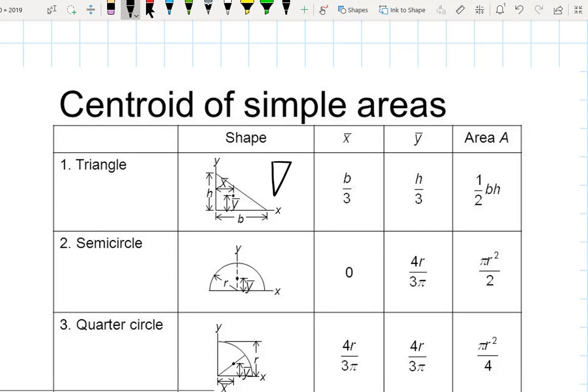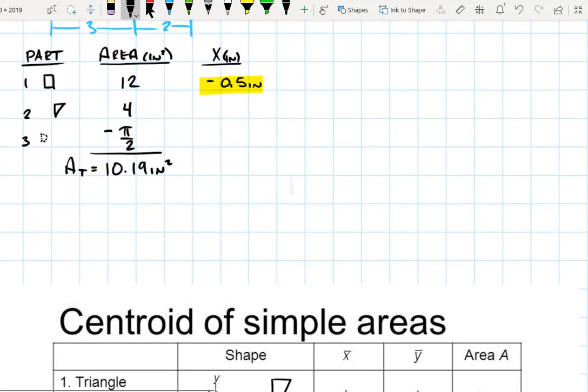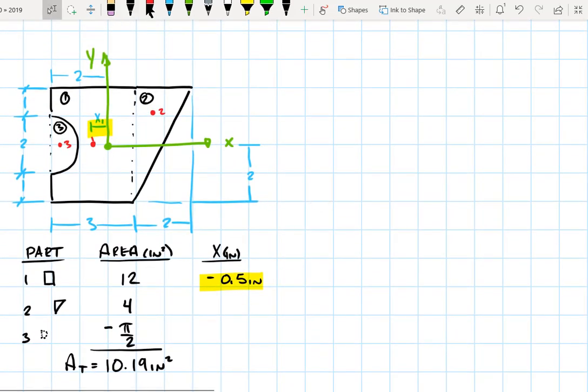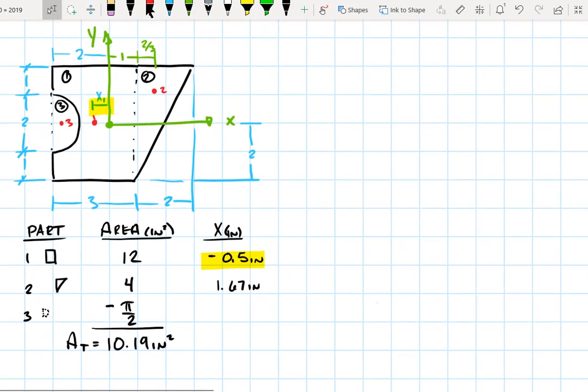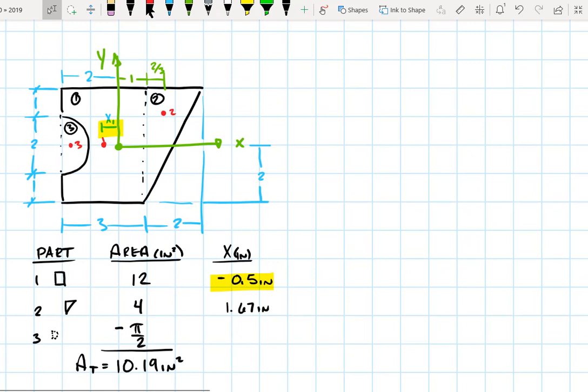So I wouldn't technically get that messed up. So the chart tells me this dimension is 2/3. I'm measuring from the y-axis though, so I've got to add in 1, this one, plus 2/3. So 1.67 inches. The semicircle, so back on the left-hand side of the y-axis, so it's a negative x.